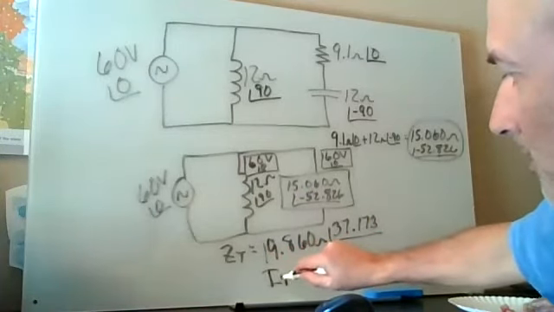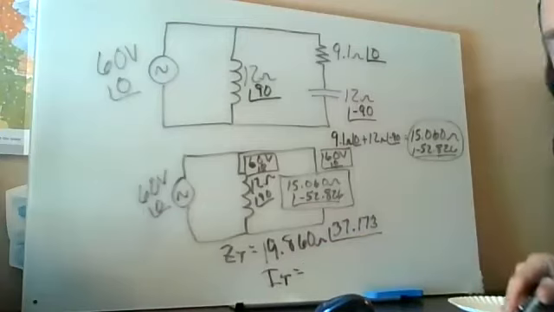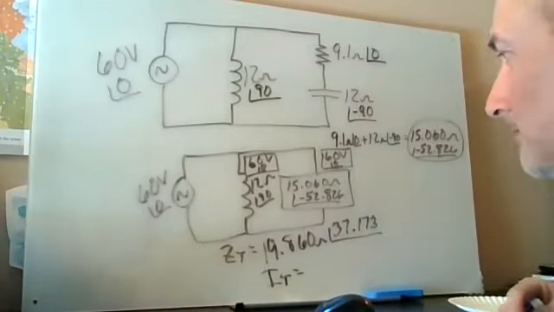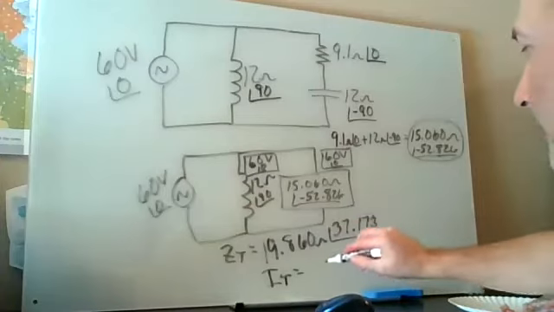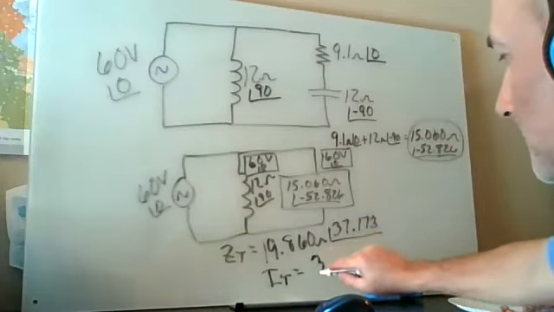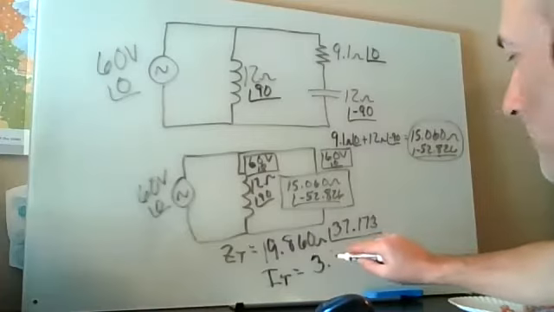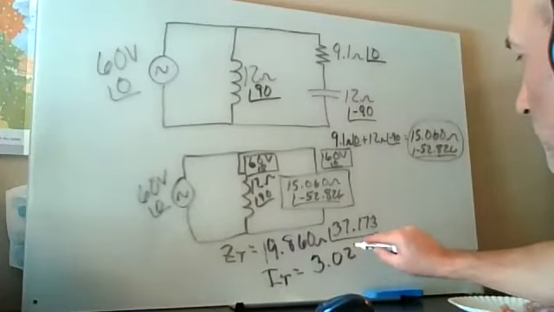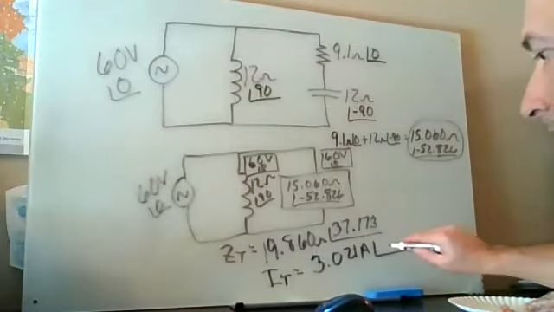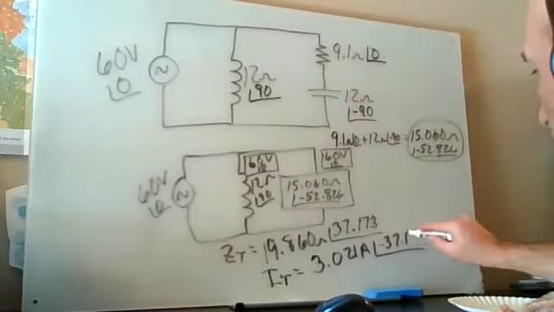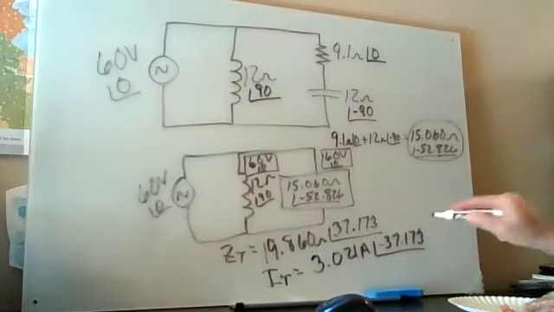So I total, and when I did it, 60 volts divided by that, I got 3.021 amps at an angle of negative 37.173. That's my I total.